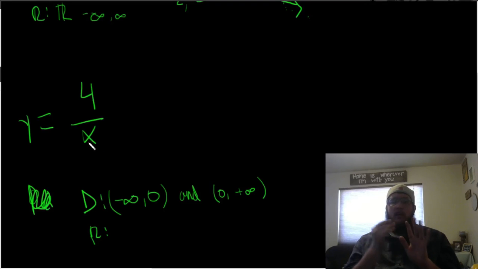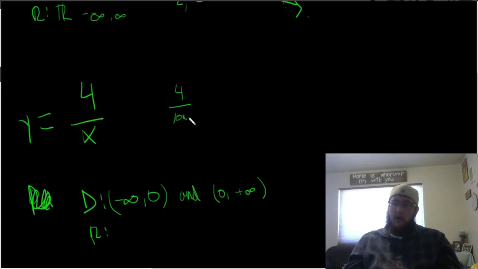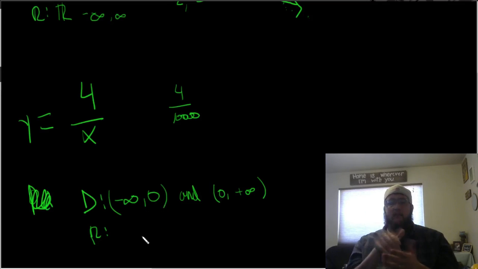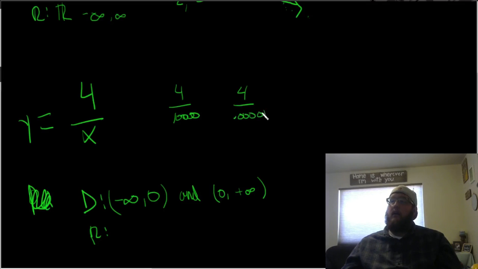And the range for this function, well, if we think about it, if we plug in gigantic, huge numbers, for example, 1 over 10,000, this is going to be a very small number. 4 divided by 10,000 is so tiny. So we can get really tiny numbers and really large numbers if we plug in 4 divided by 0.00001.